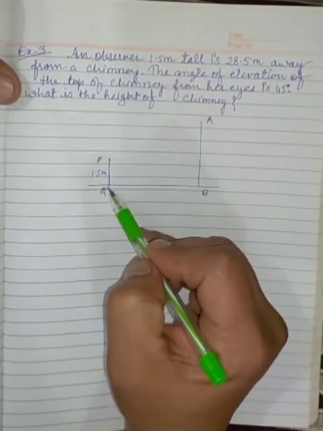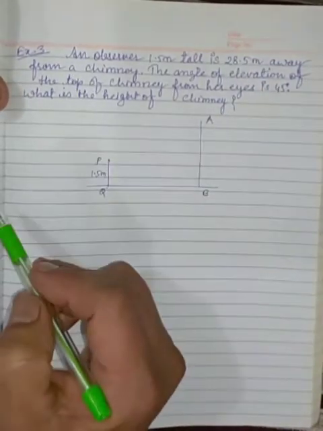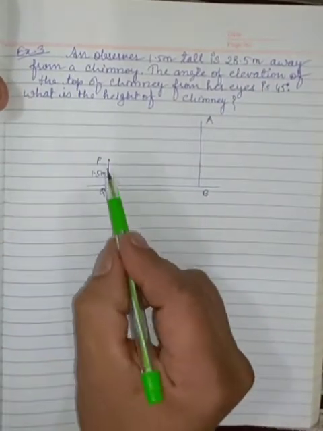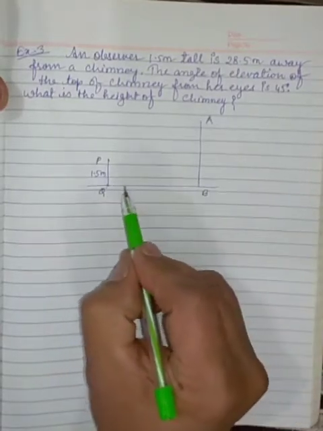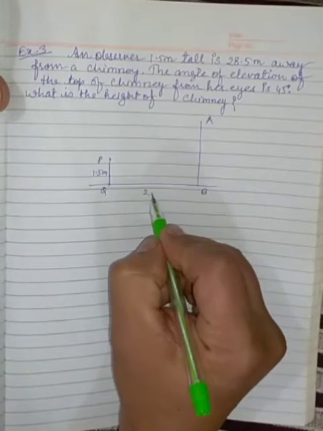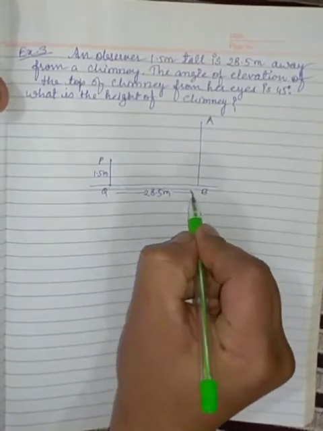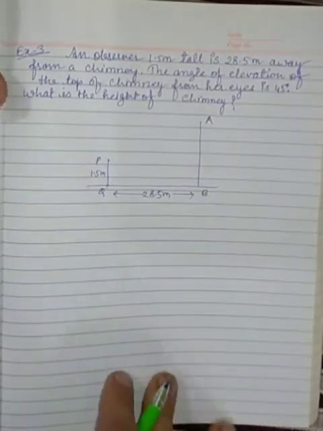The observer PQ is 28.5 meter away from chimney. The distance of the observer from the chimney is 28.5 meter. This is the distance between the observer and the chimney.